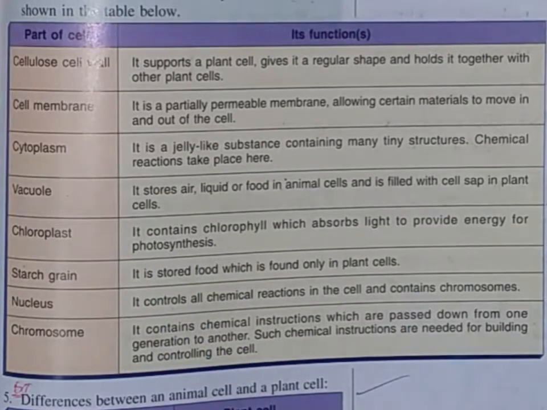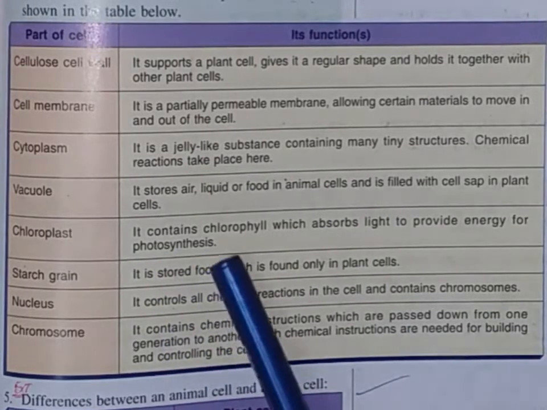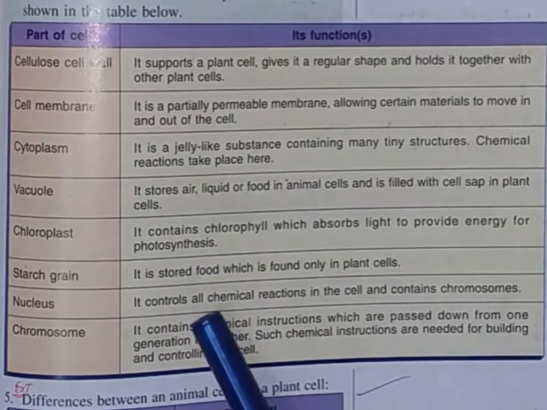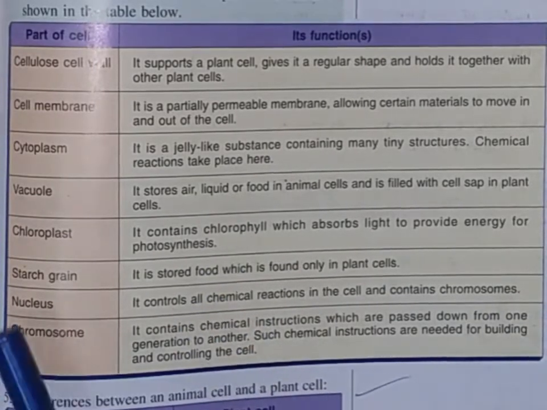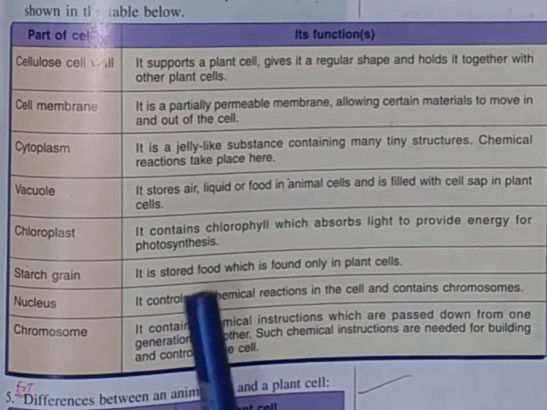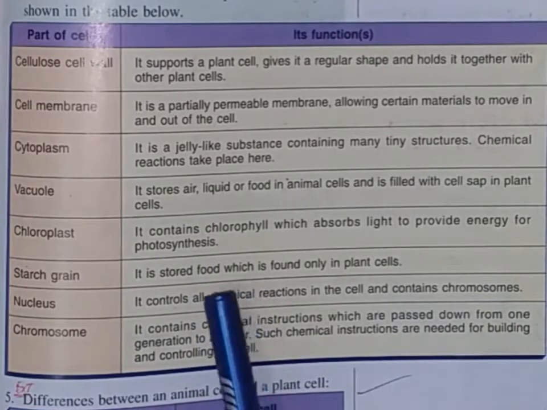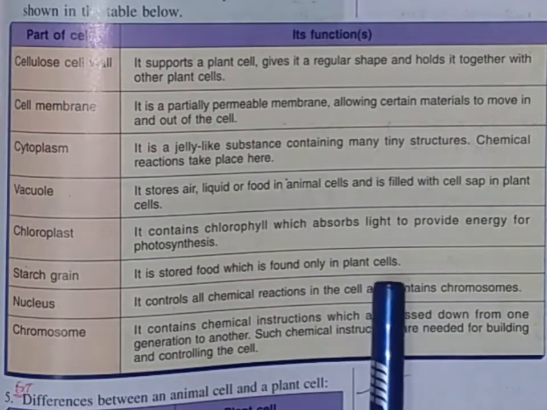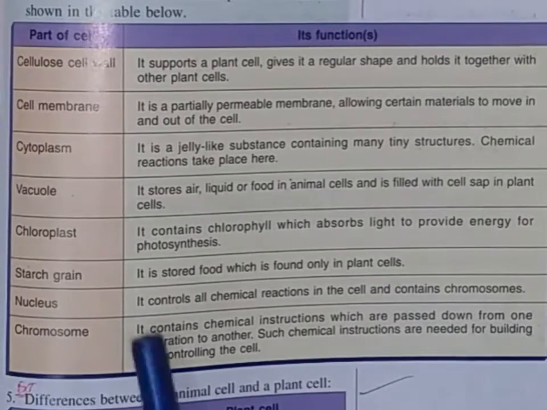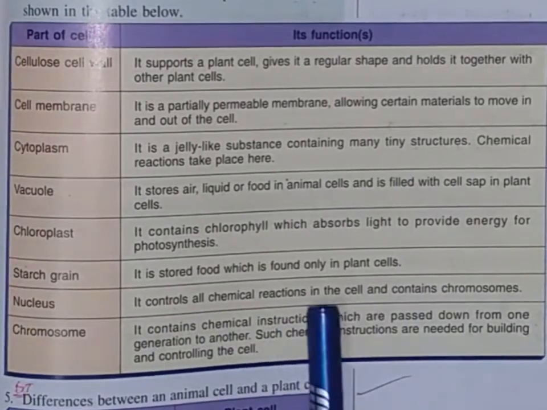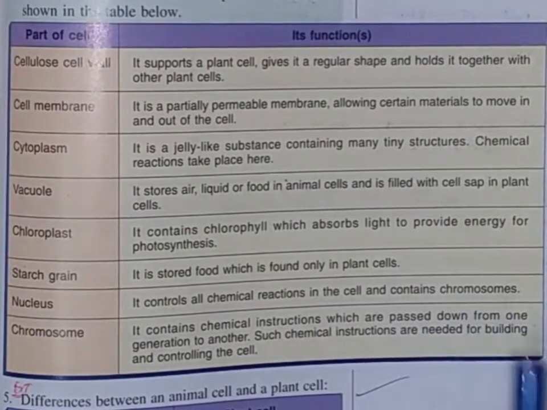Photosynthesis is carried out only in the plants for the manufacture of their food. In animals, photosynthesis is not present. Next is starch grain. It is stored food which is found only in the plant cells. Next is nucleus. It controls all chemical reactions in the cell and contains chromosomes.